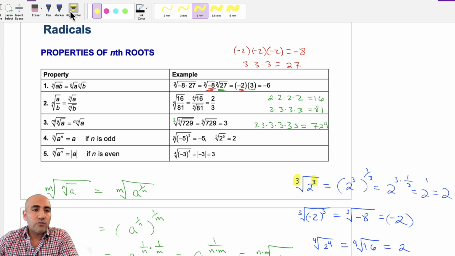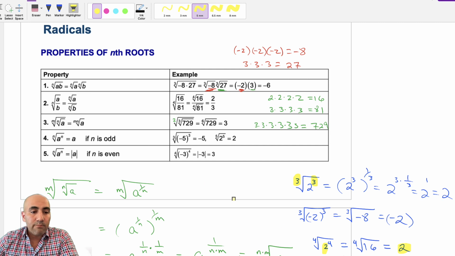So what you want to point out is that here I started with a positive 2, and the answer was positive 2. Here I started with a negative 2, and the answer was positive 2. So when the index n is an even number, it always gives you this value, but positive. If it's positive, it keeps it positive. If it's negative, it makes it positive.